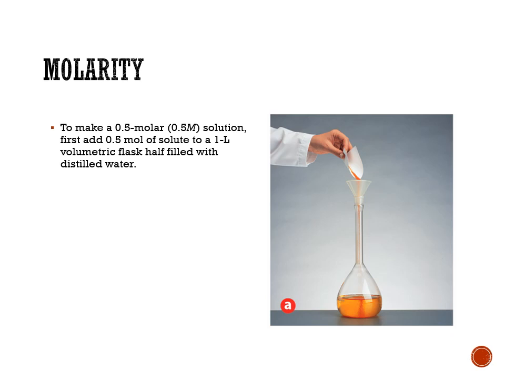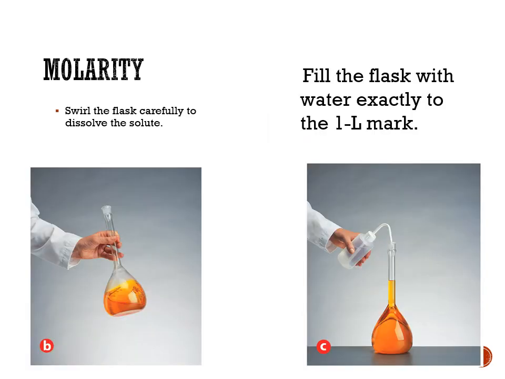So, bakit half-filled? Kasi kailangan mo pang i-dissolve yung solute mo. After putting the certain amount of moles in a volumetric flask, you have to swirl the flask carefully to dissolve the solute, and fill the flask with water exactly to the 1 liter mark.